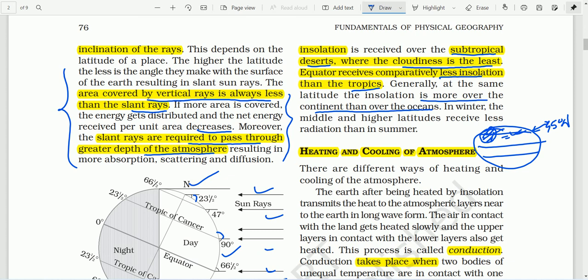In winter, the middle and higher latitudes receive less radiation than in summer, because in winter the sky is covered with fogs, and perhaps due to that condition we get less solar radiation here.